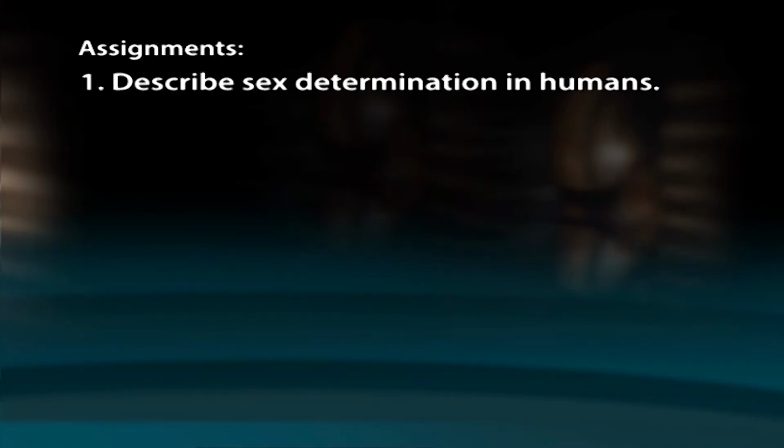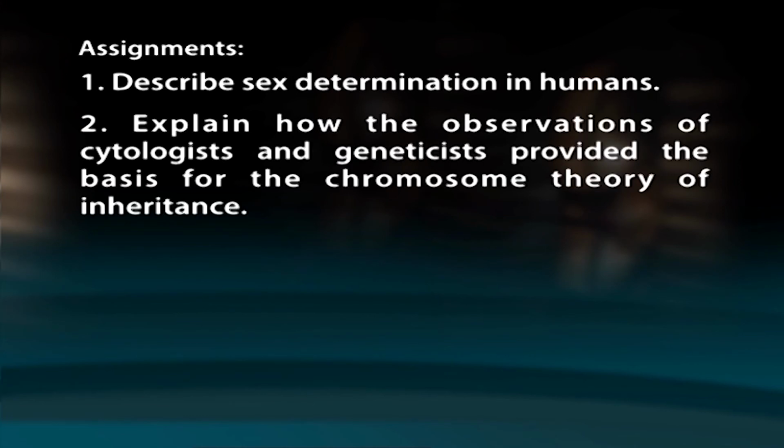Now, I am giving you certain assignments to work out. First one is describe sex determination in humans. Second, explain how the observation of cytologists and geneticists provided the basis for the chromosome theory of inheritance.